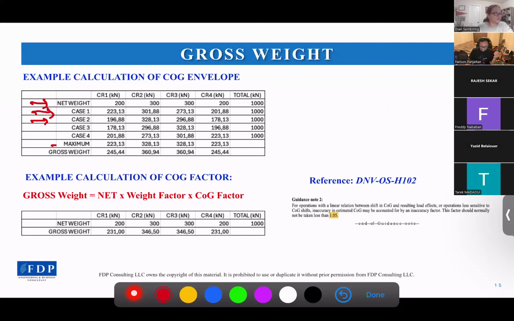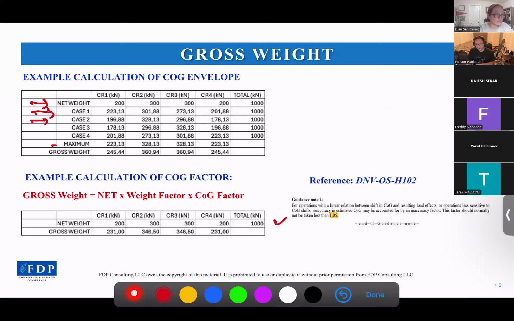So yeah. Now, how about the COG factor? It is simply applying a factor to the net load. In this case, I refer to the NVOS H102, which says that a COG factor of 1.05 is normally to be taken. So in this table, it is shown the net weight, that is the crane's reaction based on the original COG.